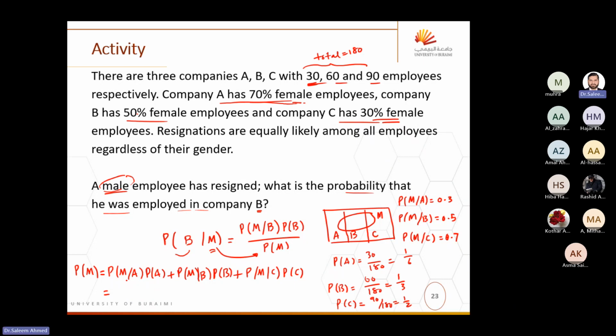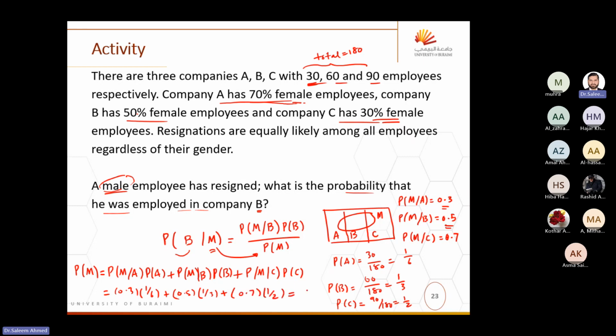So now if I put the values, M given A is 0.3 and probability of A was 1 by 6, plus M given B is 0.5 and probability of B is 1 by 3, plus probability of M given C is 0.7 and probability of C is 1 over 2.